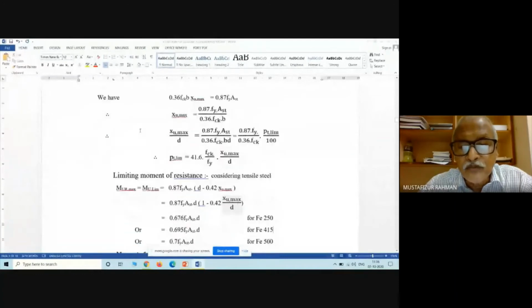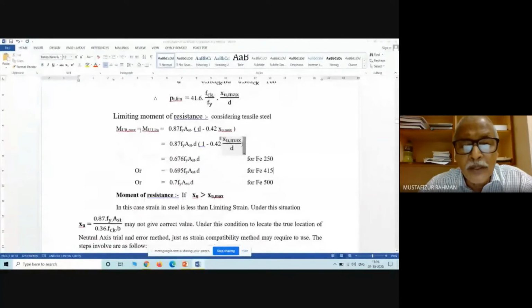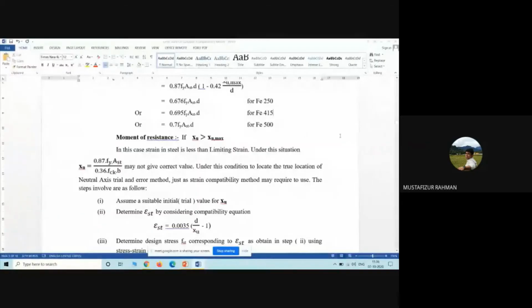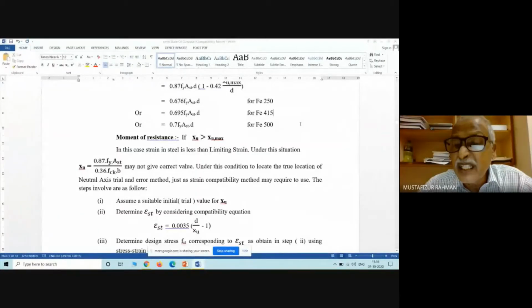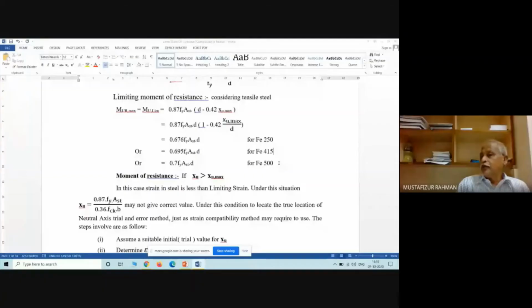Okay, so it is not difficult, very simple. Up to this point, whatever we had discussed, this problem: the first condition is, if XU happens to be more than XU maximum, then we will be required to redesign the section.